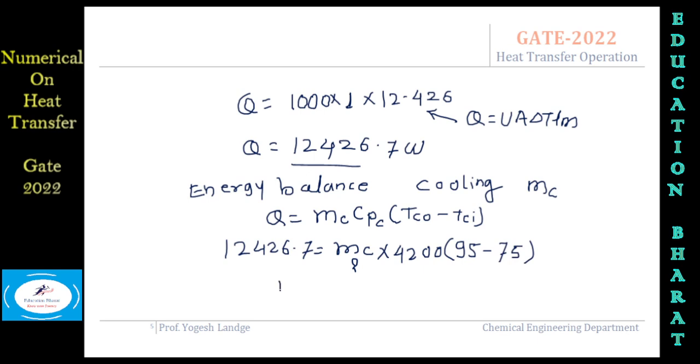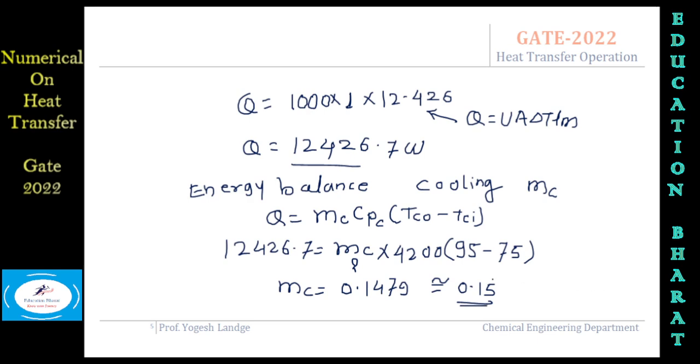Once we do these calculations, we get a mass flow rate of the cold water of around 0.1479, so we can round it up to 0.15. So this is the answer.